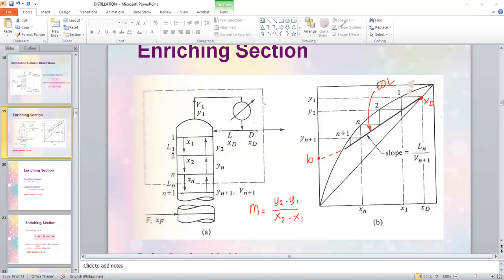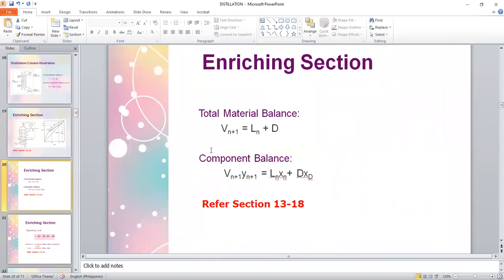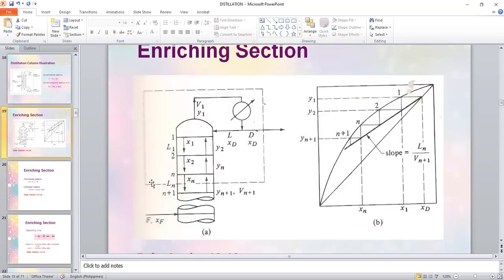Okay, so there's none. So as I've mentioned, this line will have an equation, this enriching section operating line. That equation is given by this equation. We have the material balance equation in this part of the column, this section.